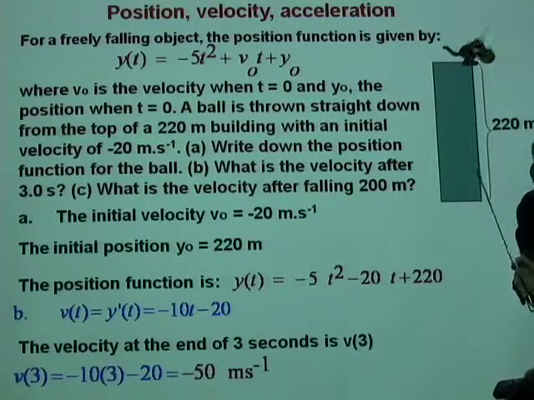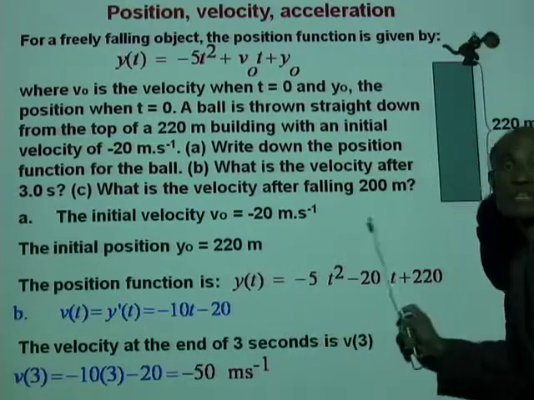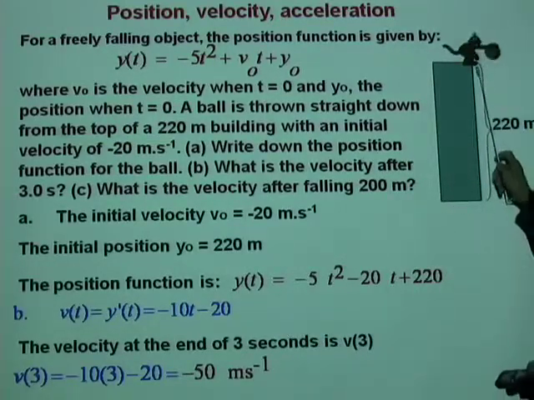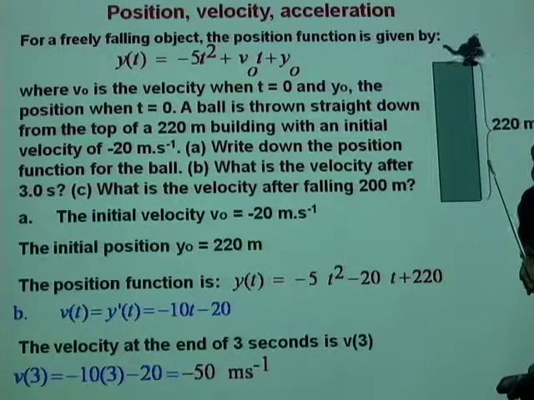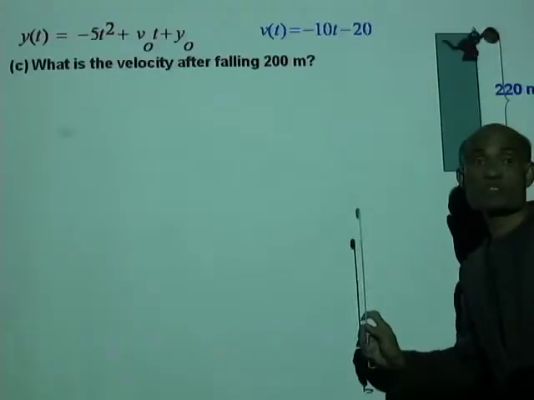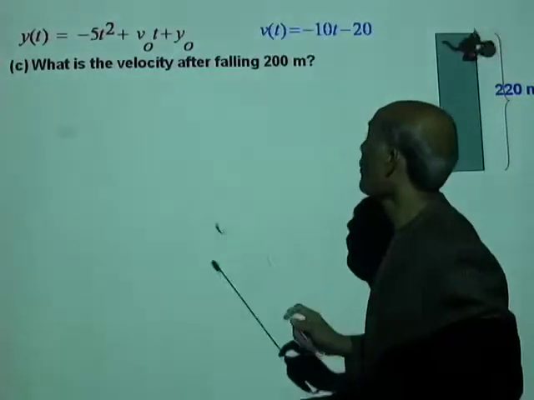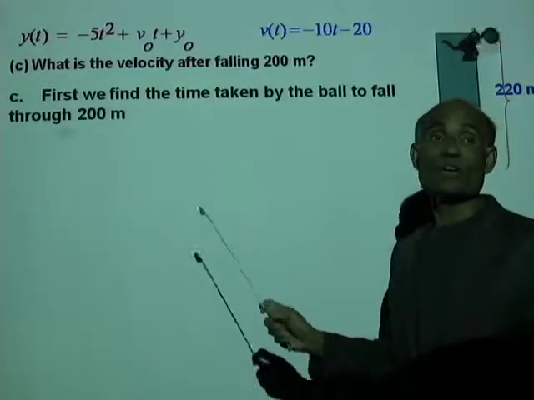We need to find the time when its position, this y of t, is how much? If it falls through 200 meters, its position is now 20 meters above the ground. That's the strategy we're going to use. So what is the velocity after falling 200 meters?